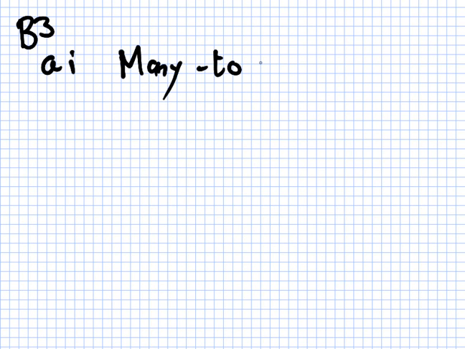Okay, so here. What type of function, I should really say what type of mapping, is this? So is it one to one, many to one, one to many, or many to many? Many. And the answer is? Many. Correct. It is many to many.